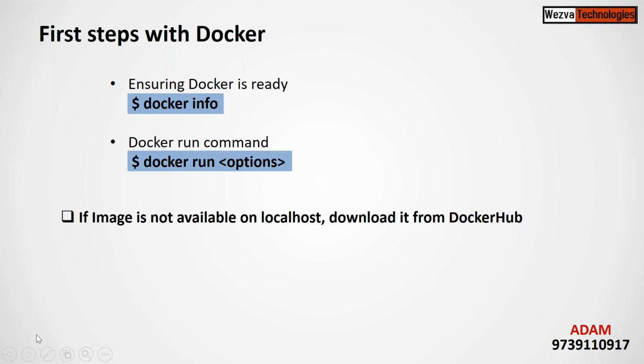When you execute Docker run, Docker will communicate to the daemon and it will check whether the image that you have specified is available on your machine. Suppose the image that you want is not available, then Docker will go to the registry that you have specified, and based on the registry, it will download the specific image to your machine.